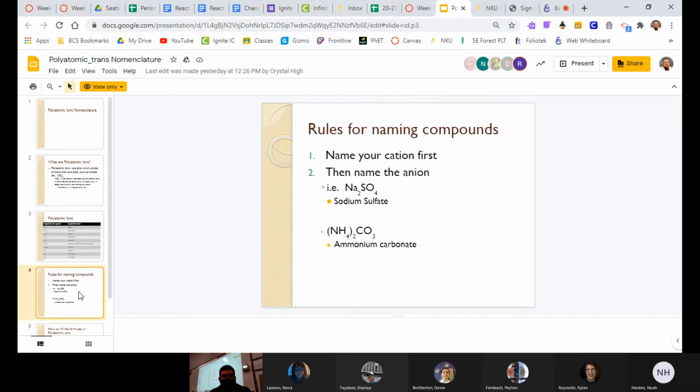All right, so the thing about naming, as always when we did it in the past, is that the positive ion, the cation, the metal comes first. Same thing in this situation. The positive ion, the metal comes first, and then the last name. I do not expect you to memorize these, okay?